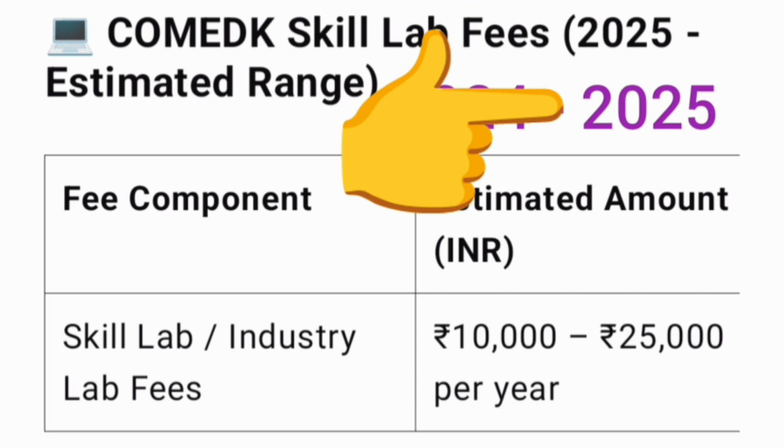All the KCET and COMEDK colleges in Karnataka will charge you something called the skill lab fees. Depending on the type or quality of the college, they are free to charge 10,000, 15,000, 20,000, 25,000 in that slab, and it is compulsorily charged by all the colleges of Karnataka.